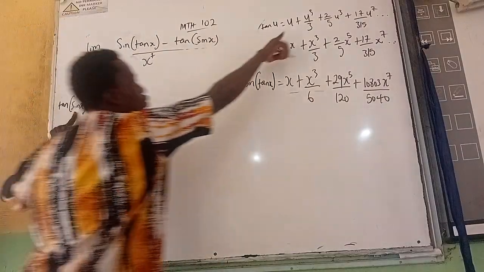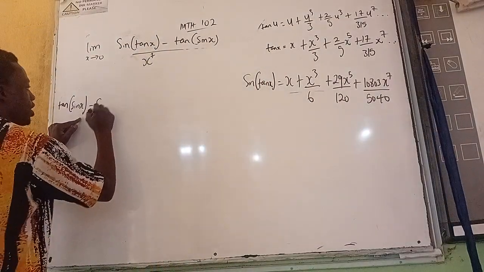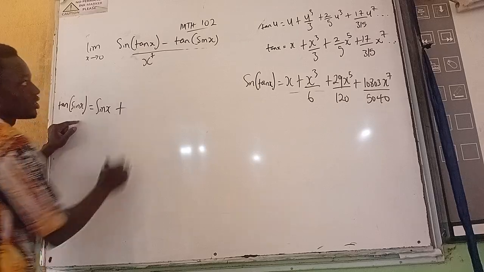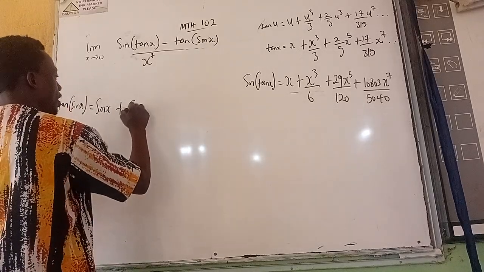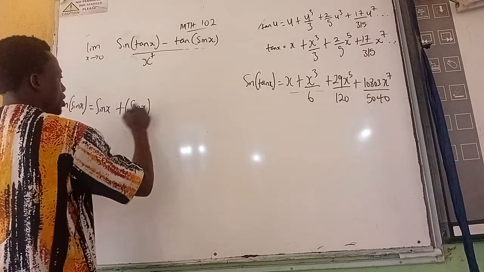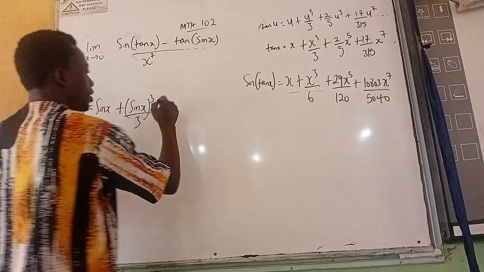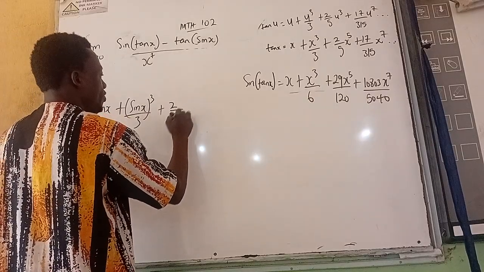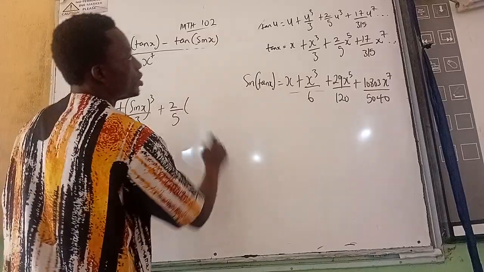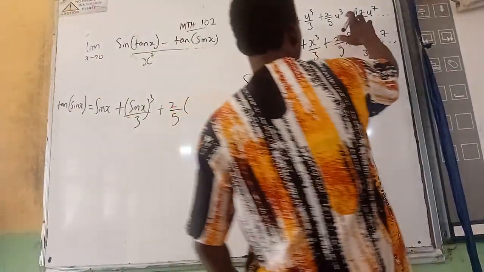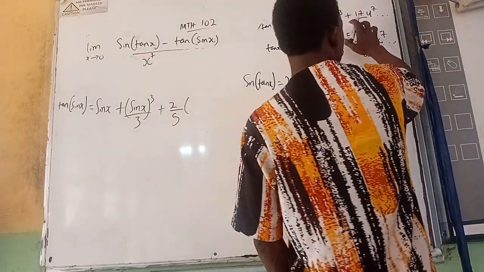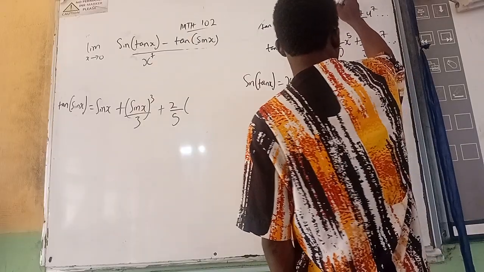So here we have u plus u cube over 3 plus 2 over 5, sorry, this should be u^5, not u cube.